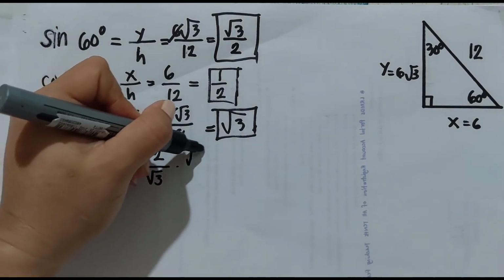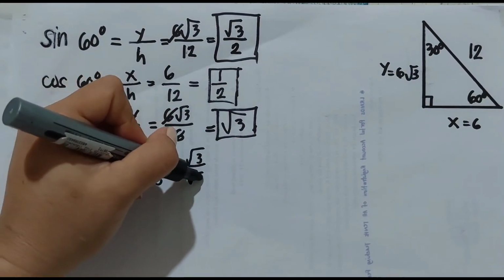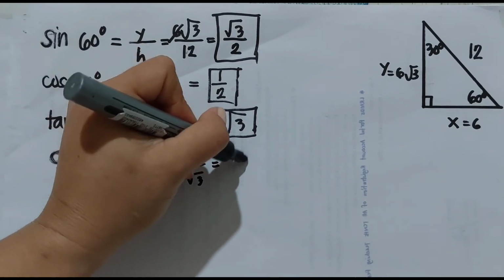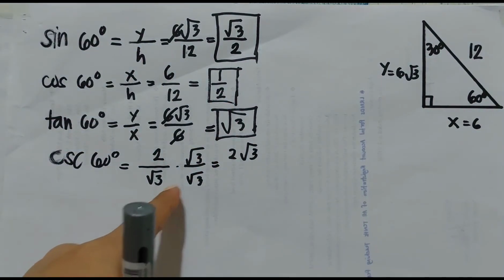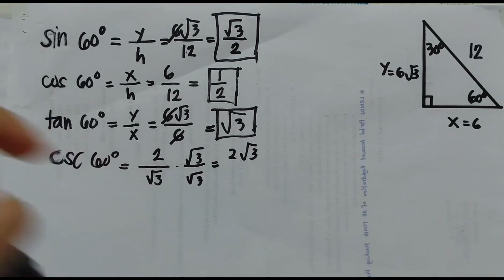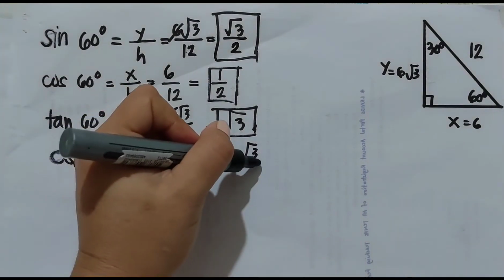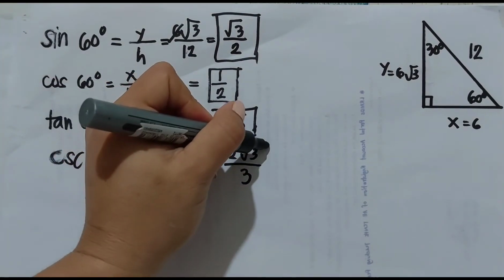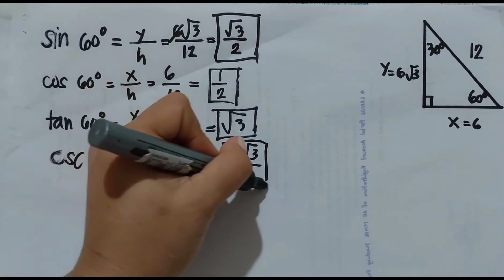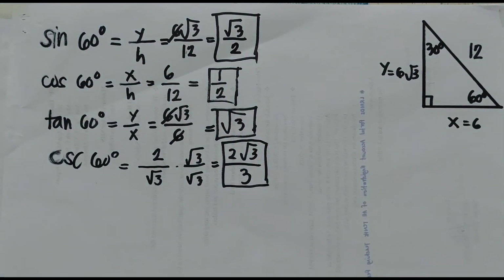Then rationalize to remove the radical sign in the denominator. So we have 2 square root of 3 over 3 times, square root of 3 times square root of 3, that is square root of 9. And square root of 9 is 3. So, therefore, cosecant 60 degrees is 2 square root of 3 over 3.